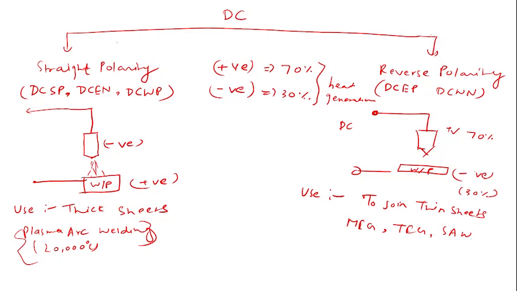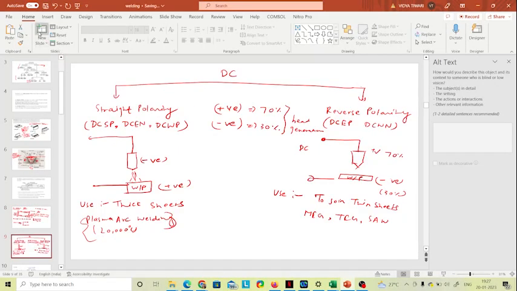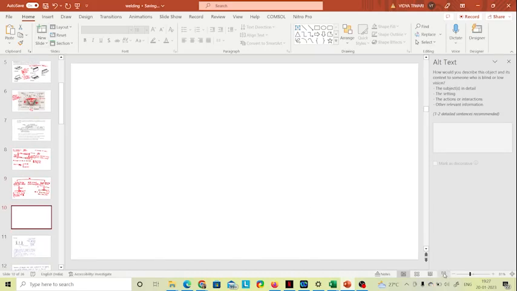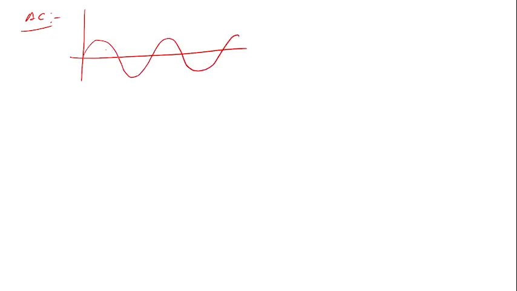Now come to AC. Now come to the AC. So what happens in AC? Here also your current will be alternating, right? Positive, negative, positive, negative.